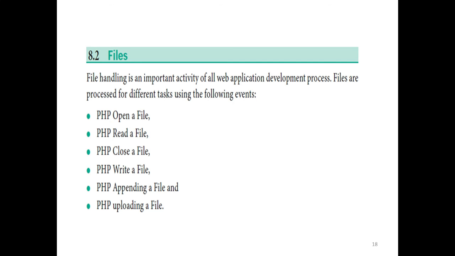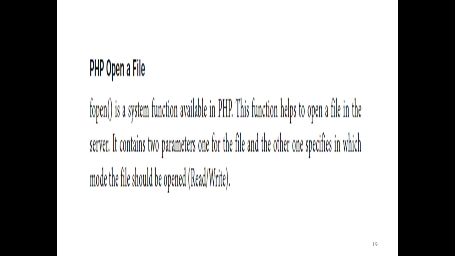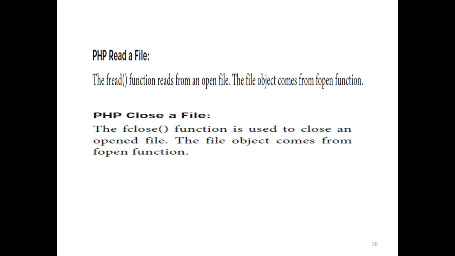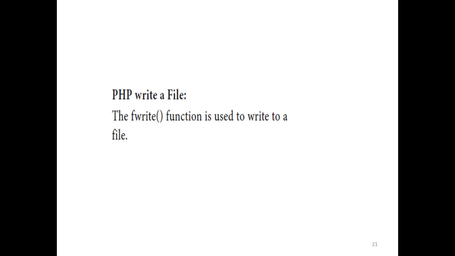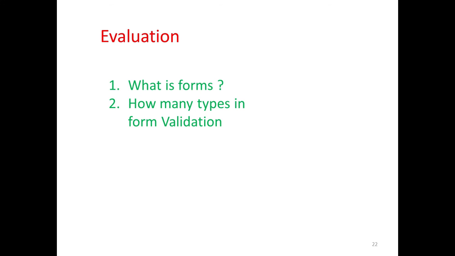The following topics we dealt with: open a file, read a file, close a file, write a file, appending a file, uploading a file, how to open a file, how to read a file, how to write a file. These are the topics we dealt with.